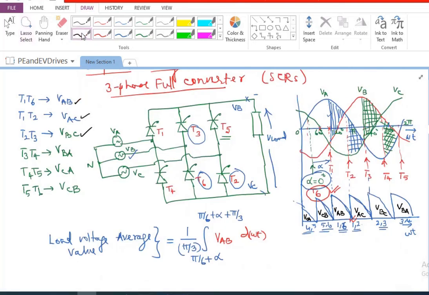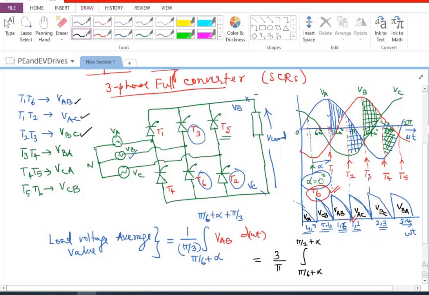So I should be able to write this as 3 divided by pi, integral from pi by 6 plus alpha, and pi by 6 plus pi by 3 is pi by 2, so let me write pi by 2 plus alpha as the upper limit. And I can write root 3 times Vm, where Vm is the phase peak, sine omega t plus pi by 6 d omega t.